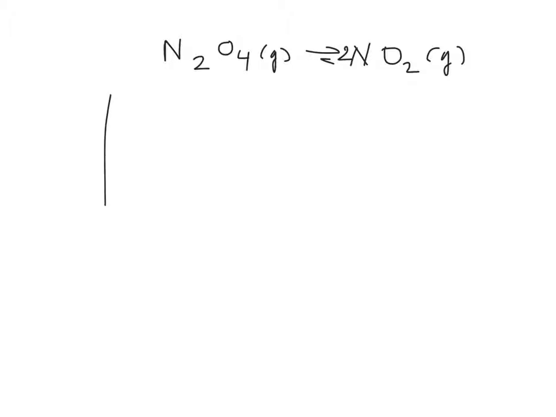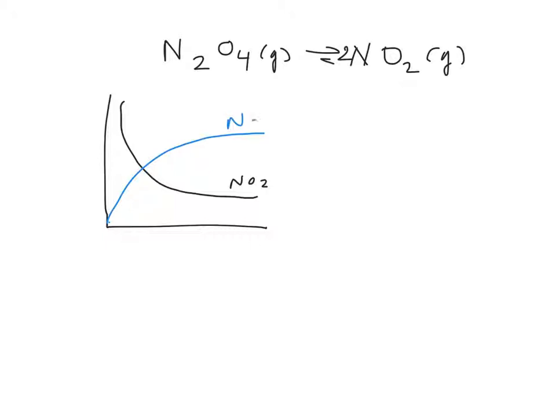And we saw a little graph where we had the concentration of nitrogen dioxide there, and we had the concentration of N2O4 there. And we said that both concentrations got to a point where, as time progressed, they remained constant.